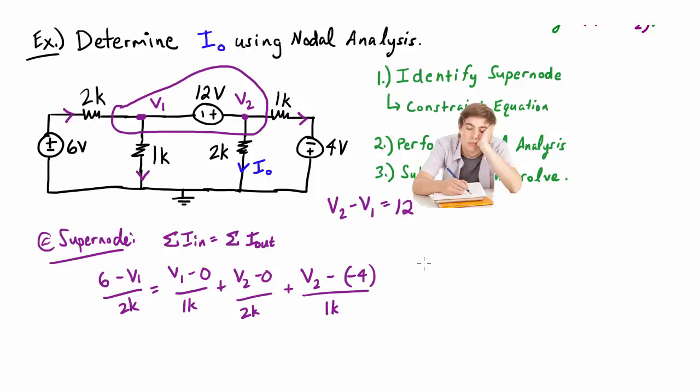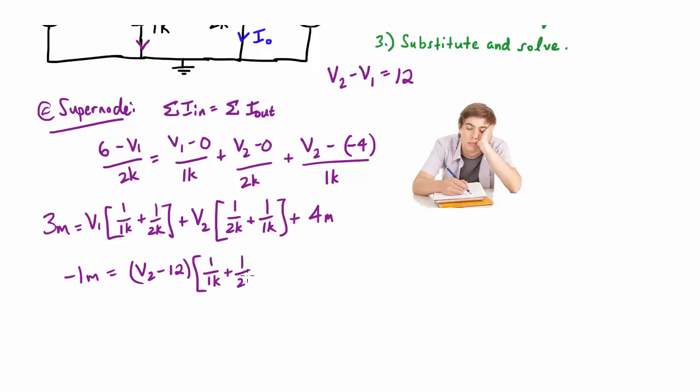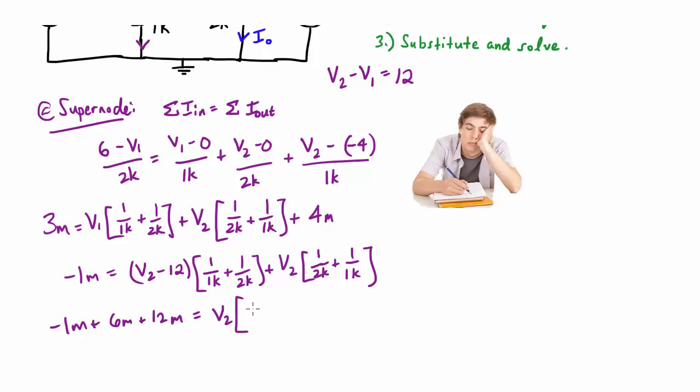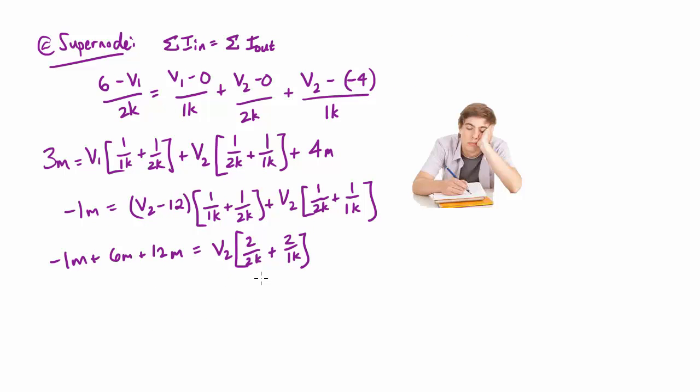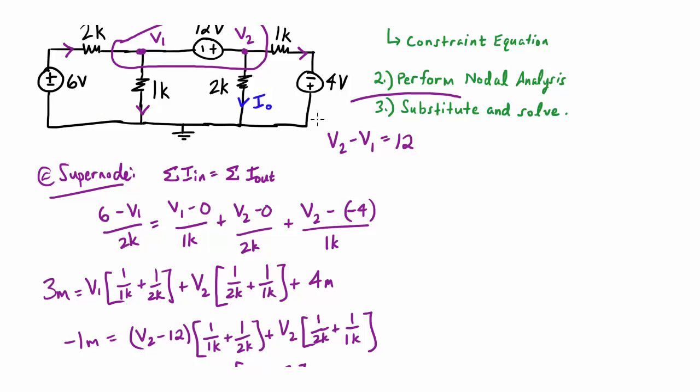And now it is math time. And that's V2. Now just real quick, when I went from V1 to V2 minus 12, I was doing the third step here, which is the substitution.